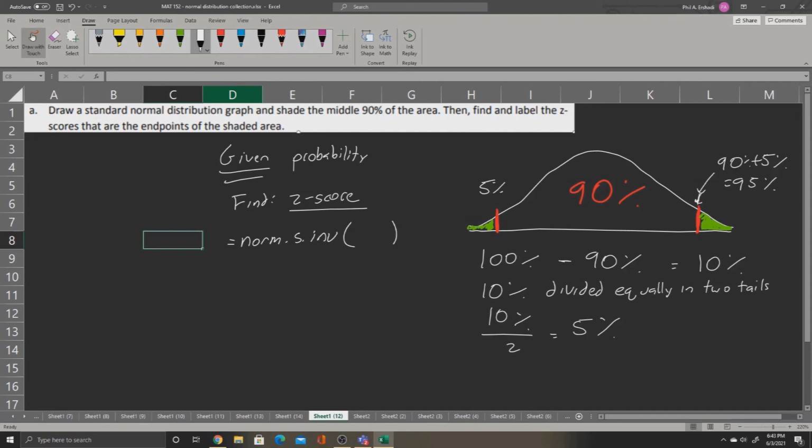Inside that function, we'll put the probabilities. That's all we'll need to put for this function. Once again, the S stands for standard. This is for the standard distribution that has a mean of 0 and a standard deviation of 1. Inverse we'll do anytime we know P but want to find something else.